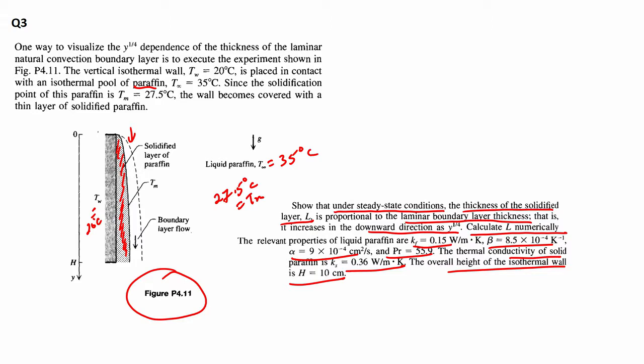The idea is basically to show that L, the thickness of this solidified layer of paraffin, increases in the downward direction in a similar way as the laminar boundary layer, which goes as y to the power of 1/4. This is the basic context of this particular problem that we are going to do. So, let us do this.